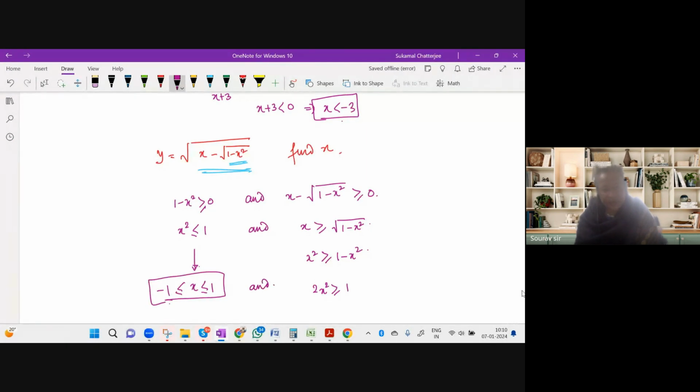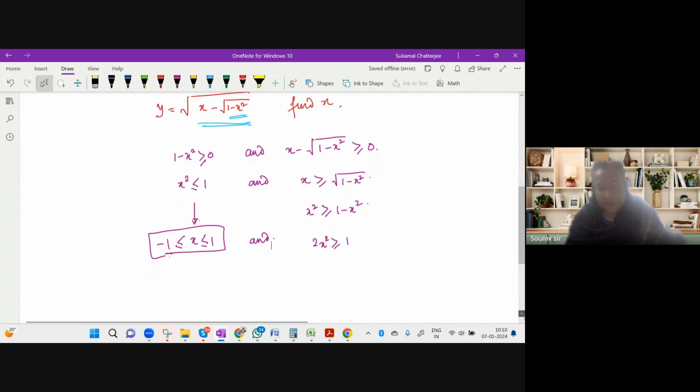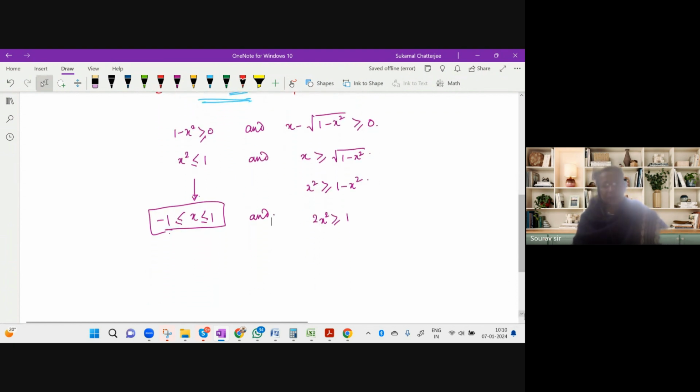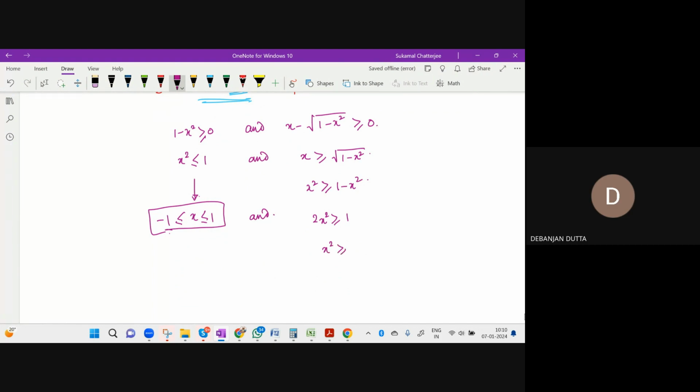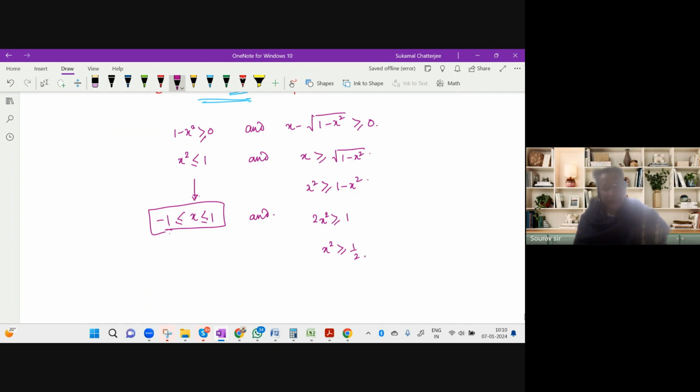And you have to have another set of solution. What is the solution from here? x less than or equal to minus 1 by root 2, or greater than or equal to 1 by root 2.